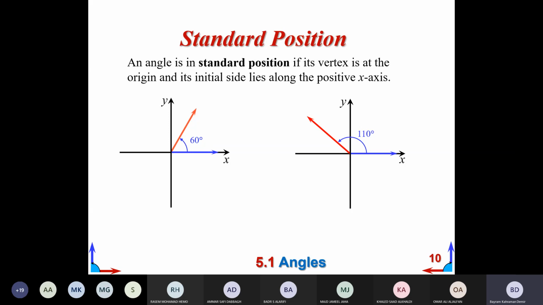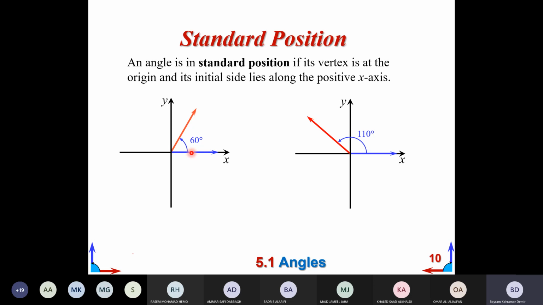Now, to study angles, Shabab, we need to establish a standard form. When we draw the angles, we will assume that always the initial side is on the positive x-axis. That means always you need to start from here.